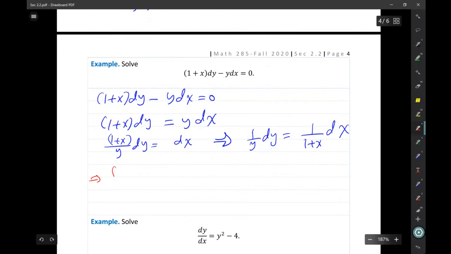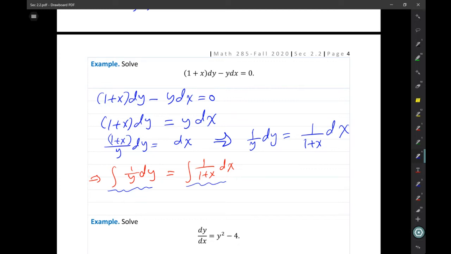So the last step, integral 1 by y dy is equal integral 1 by 1 plus x dx. Now I have to integrate this side with respect to y, this side with respect to x.